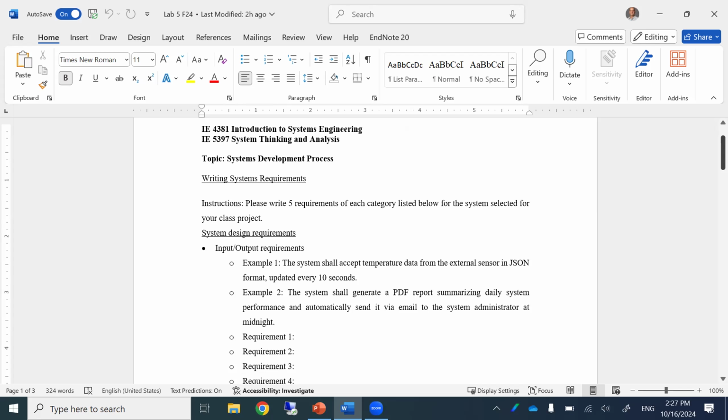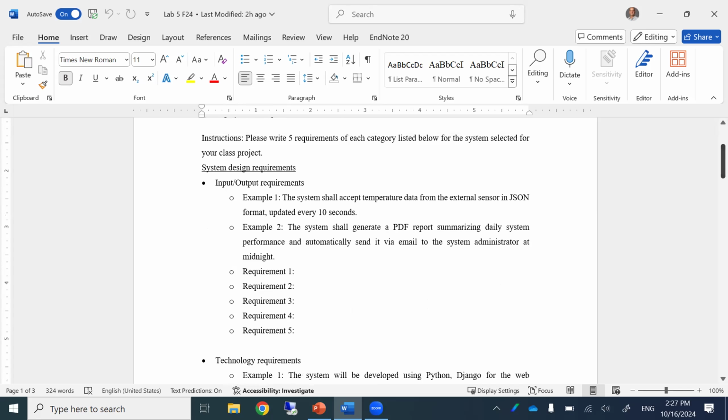So for input-output requirements, I'm giving you 5 spaces here, and I'm also listing some examples to guide you. For example, input-output: the system shall accept temperature data from a sensor, and that should be updated every 10 seconds.